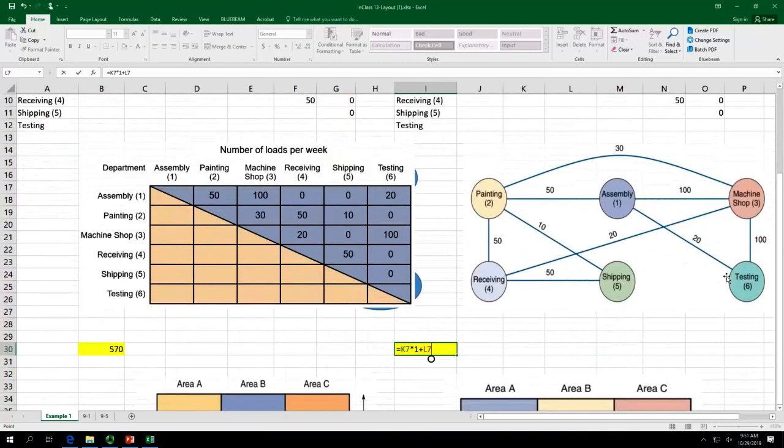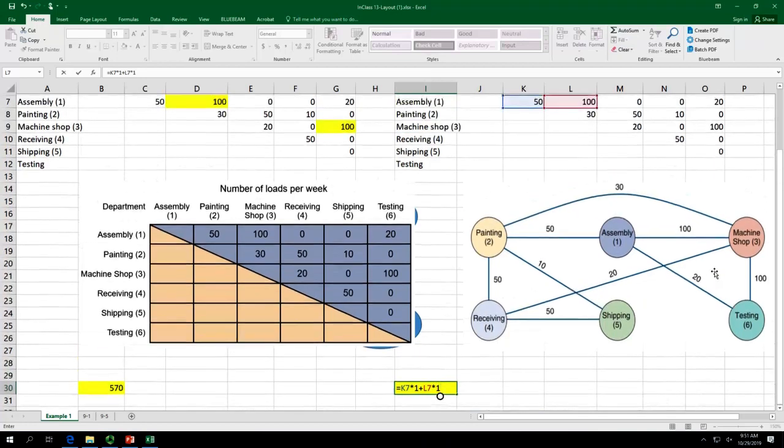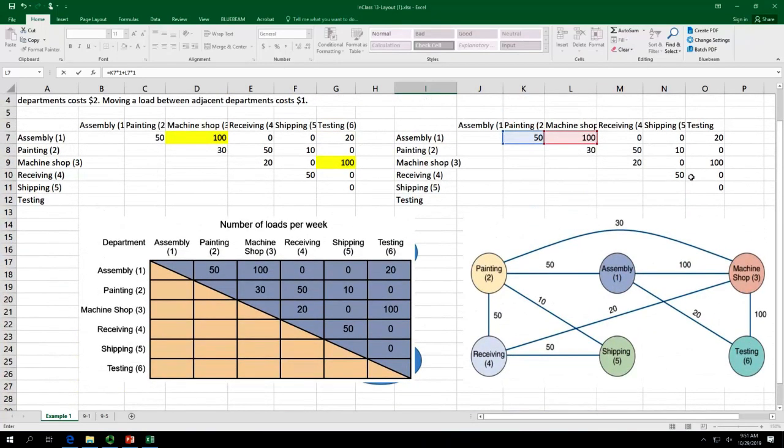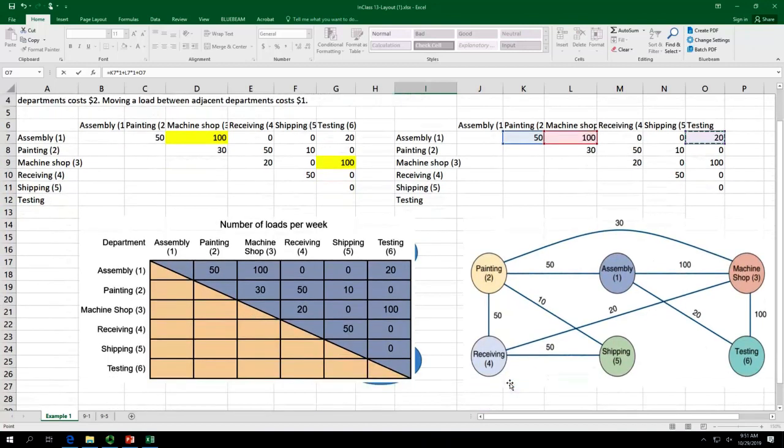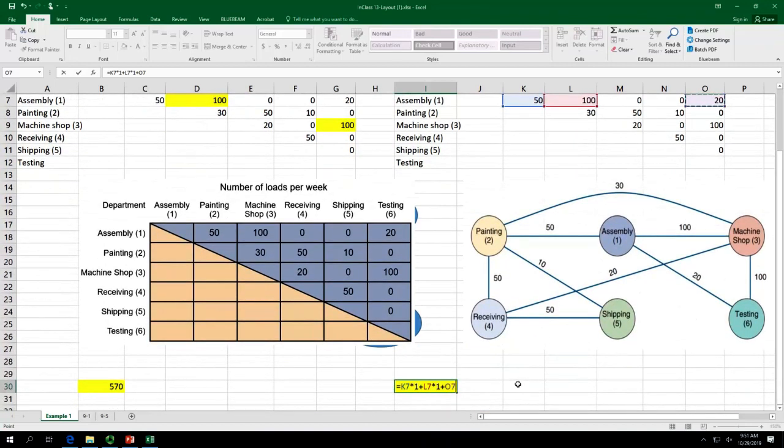So you times 1. And the next one is plus 20. 20, it is 1 and 6. So 1 and 6, now it is kind of like a diagonal, but they are adjacent diagonal. So it is times 1.